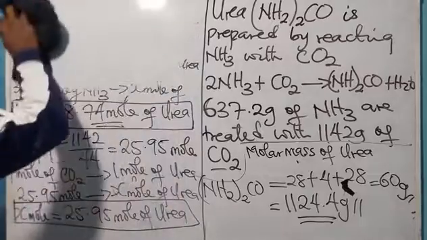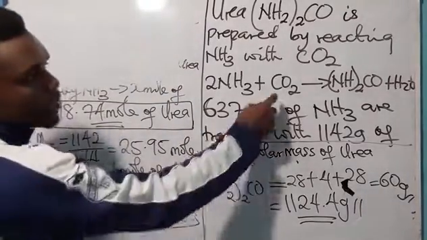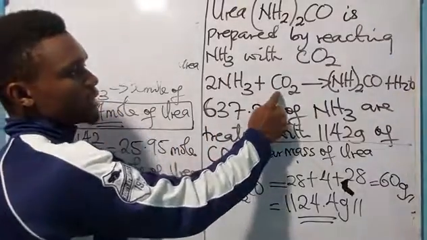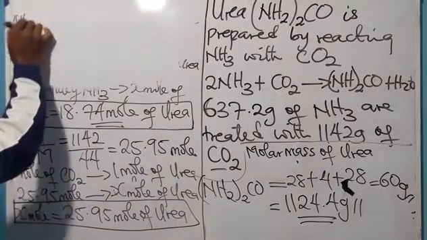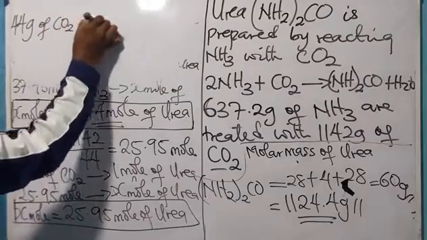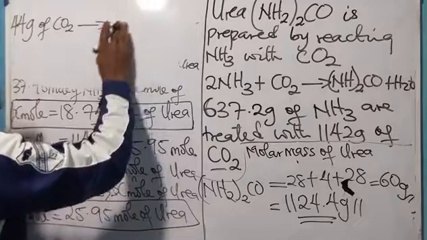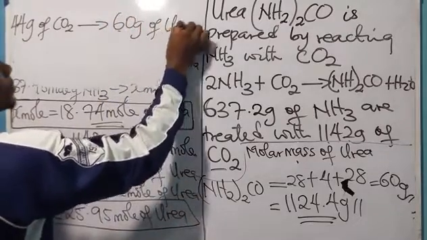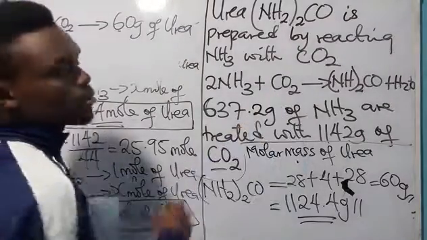From the reaction, this is carbon dioxide. The molar mass of carbon dioxide is 44 gram. It means that 44 gram of CO2 will produce 60 gram of urea. The excess reagent is definitely carbon dioxide.